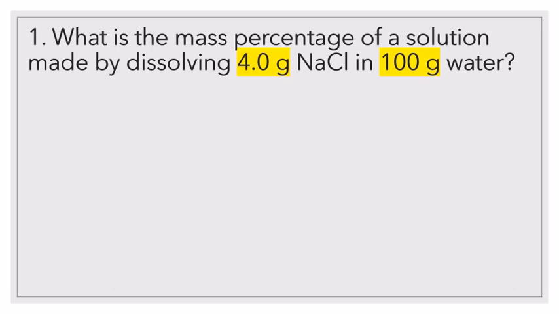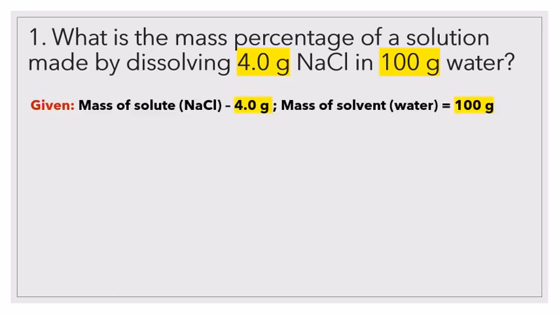So which is the solute and which is the solvent? As you can see, the solute there is the sodium chloride and the solvent there is the water. So the given mass of solute is 4 grams and the mass of the solvent, which is the water, is 100 grams.